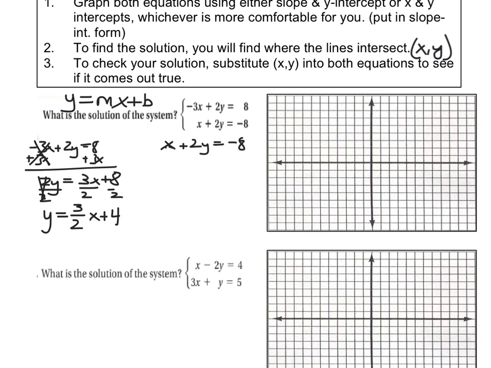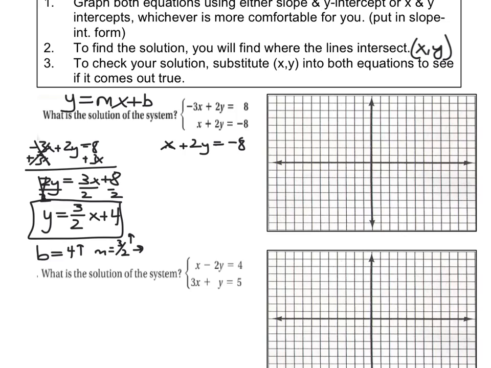Now I'm going to graph this equation. My b value is 4, so I go up 4 and put a dot. My slope is 3 halves, so I go up 3 and right 2. Let's put those on our graph.